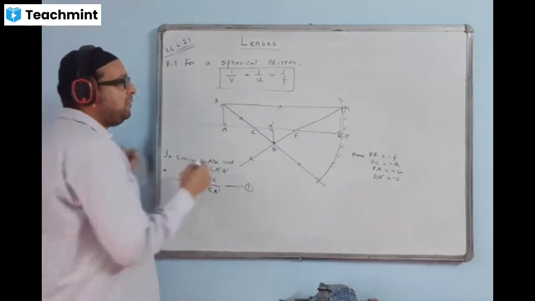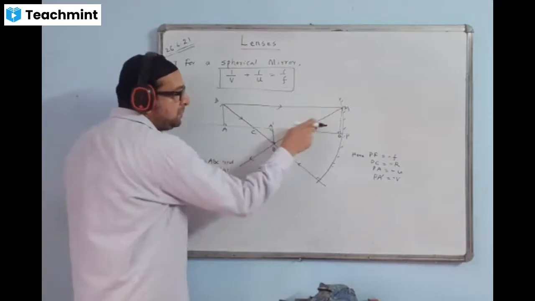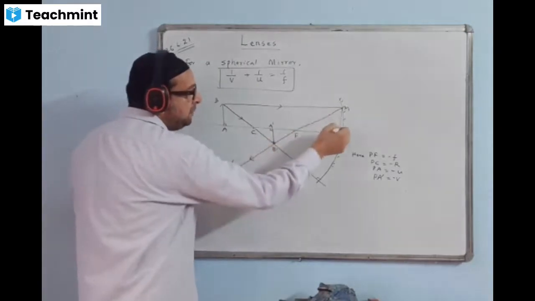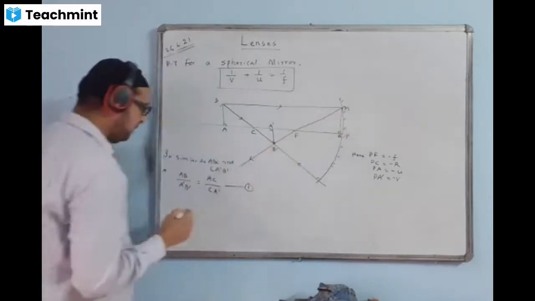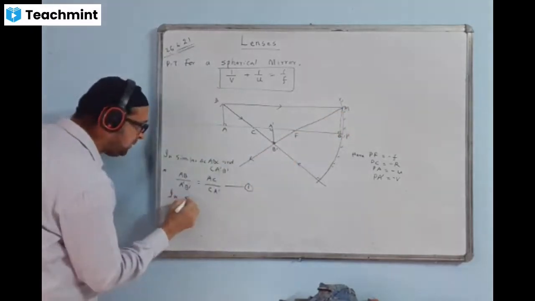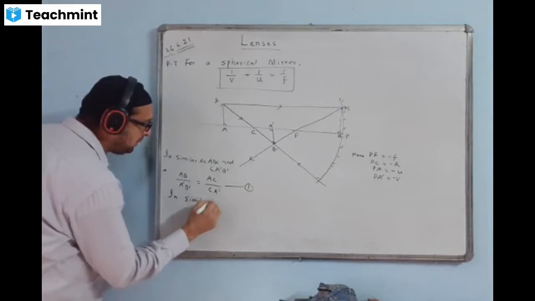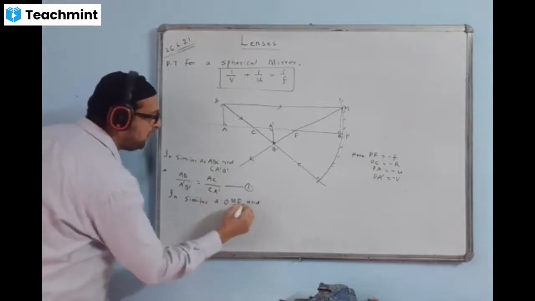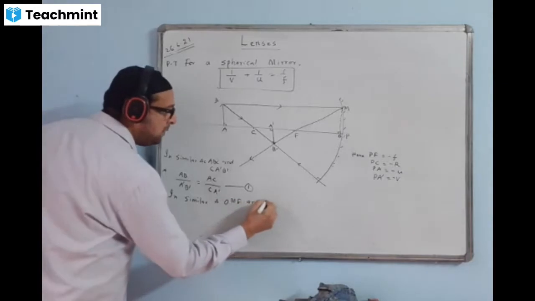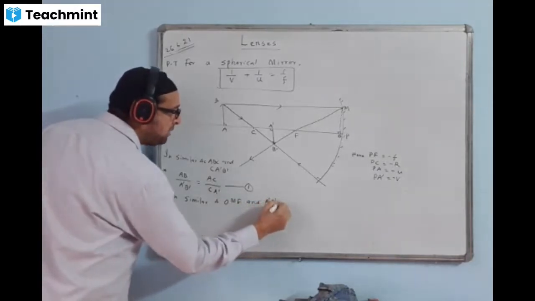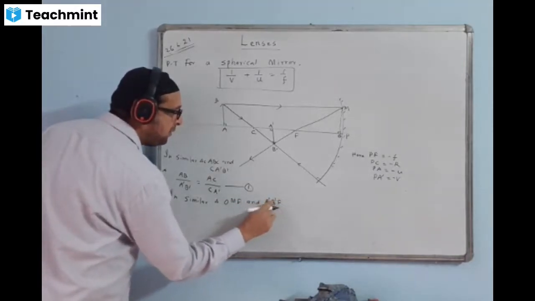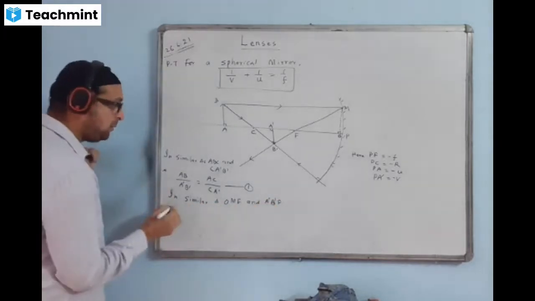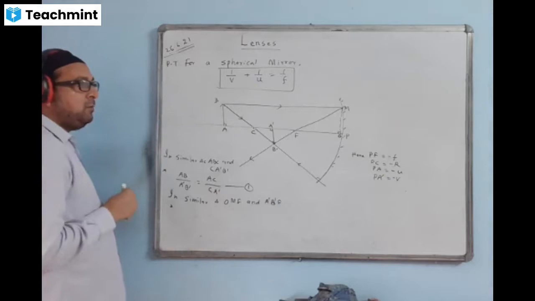I'll take another set of similar triangles, this one and this one: A dash B dash F and OMF. I write here, in similar triangles OMF and A dash B dash F, what to write down?